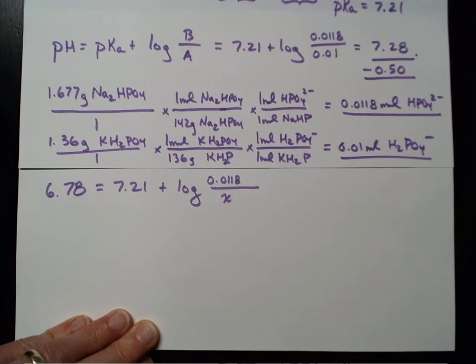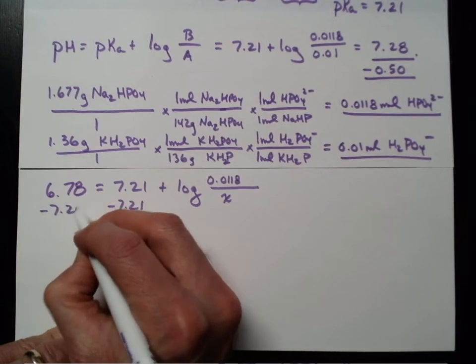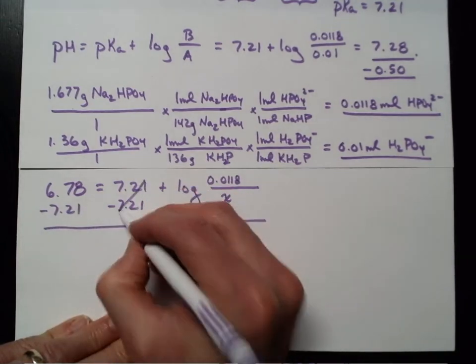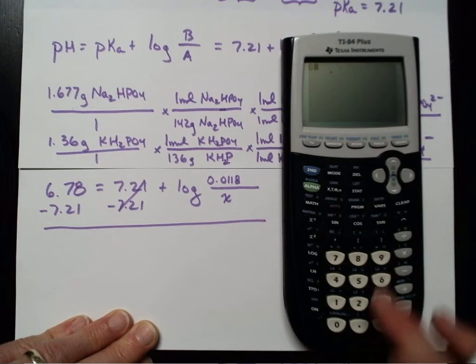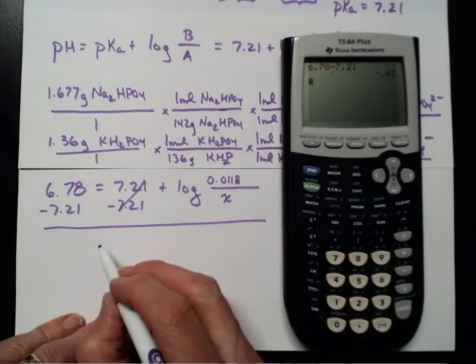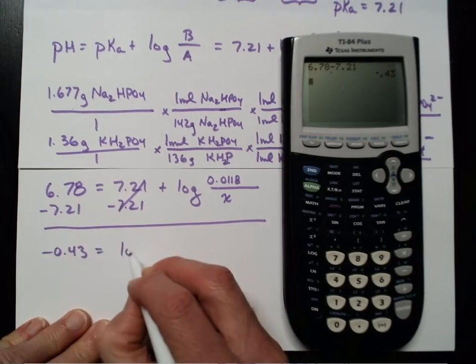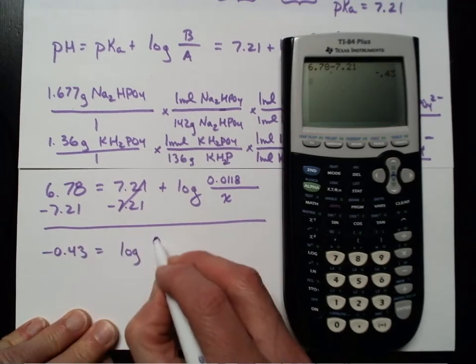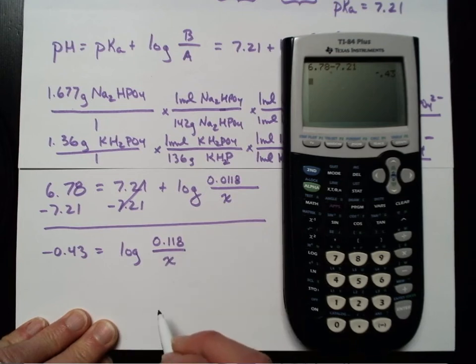Let's subtract 7.21 from both sides. 6.78 minus 7.21 is negative 0.43. That's got to equal the log of 0.118, that's moles, over x moles.